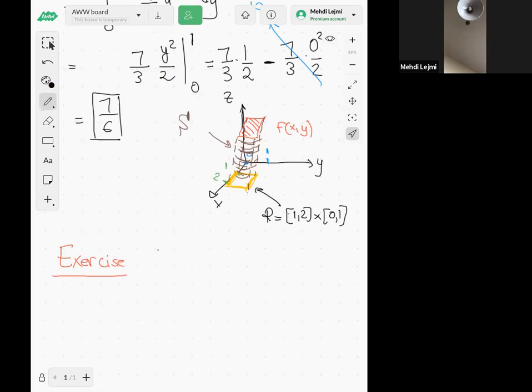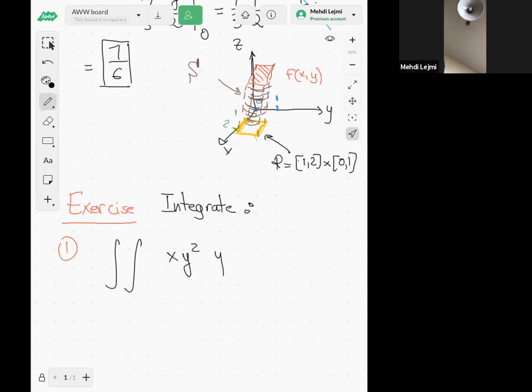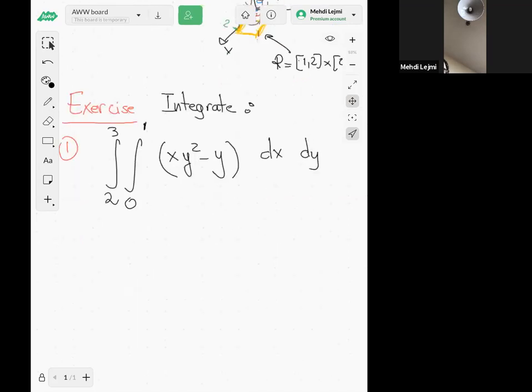Please try to integrate the first integral: the integral of x y squared minus y, dx dy, where x belongs to the interval 0, 1, and y belongs to the interval 2, 3, right?